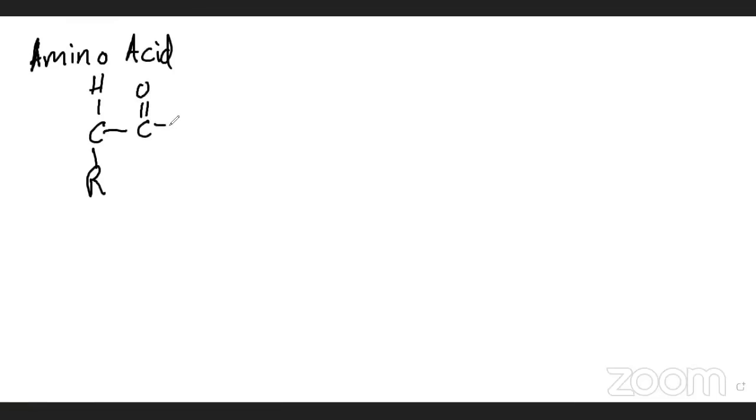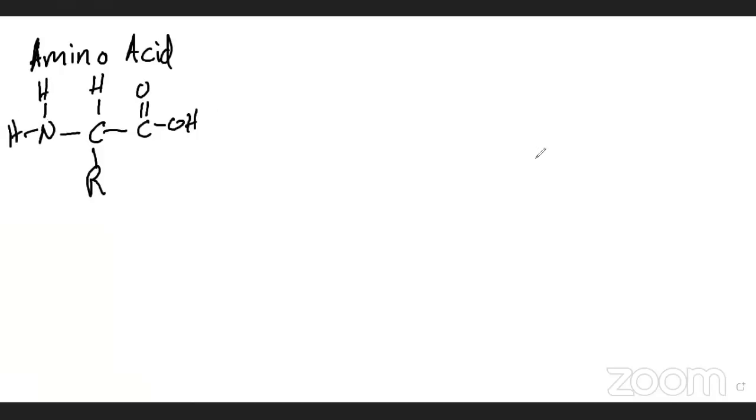All right, so amino acid. This is the general structure for an amino acid. Then C double bond O, OH, and NH2.